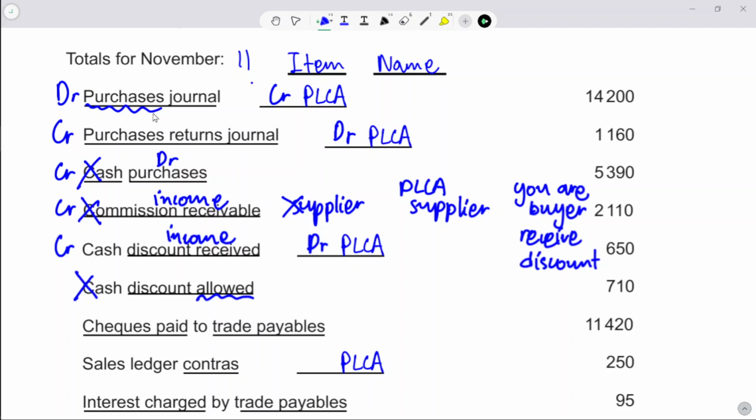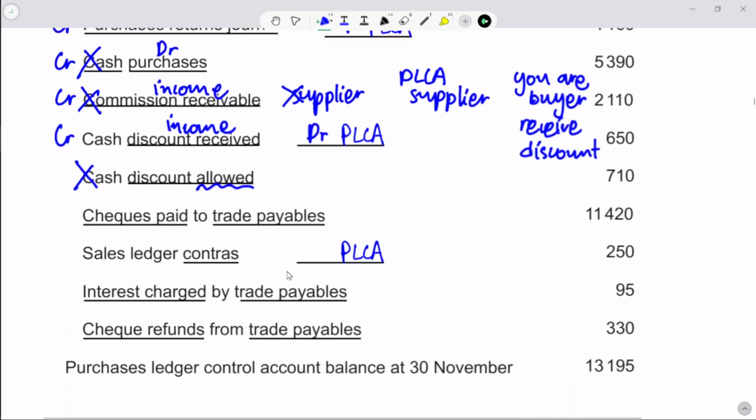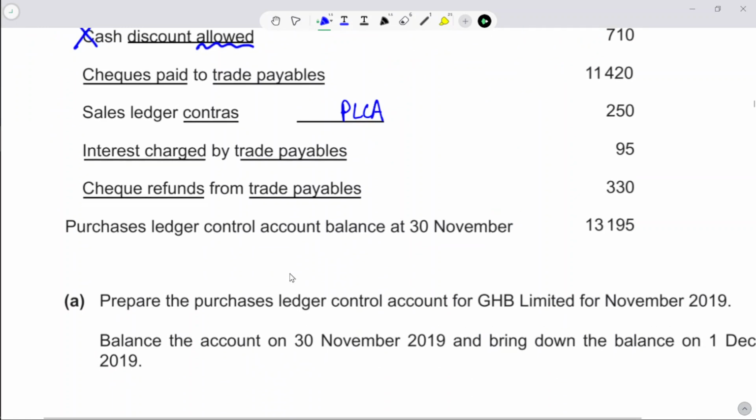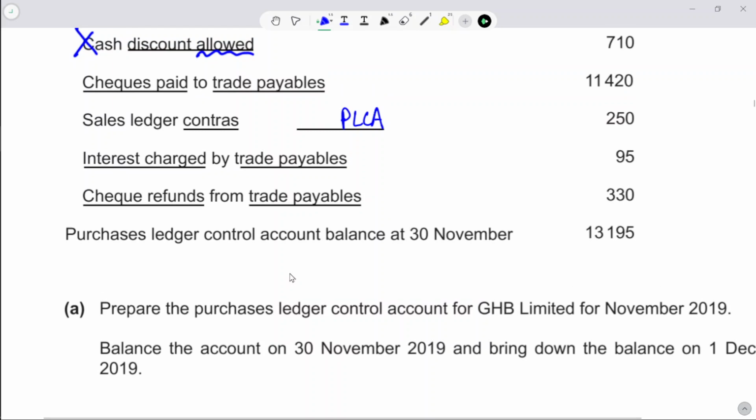Then let me scroll down. Okay. So cheque paid, so is credit bank.